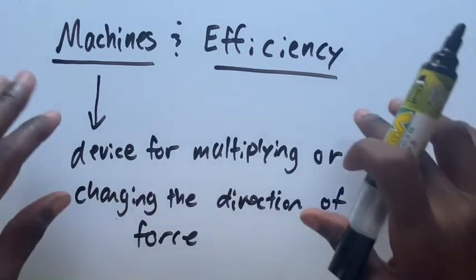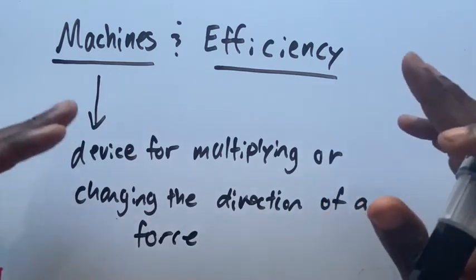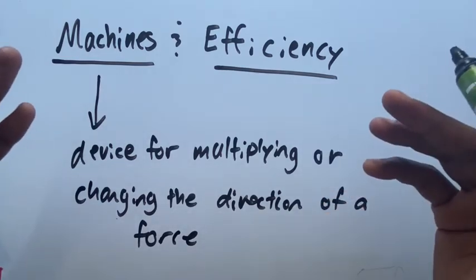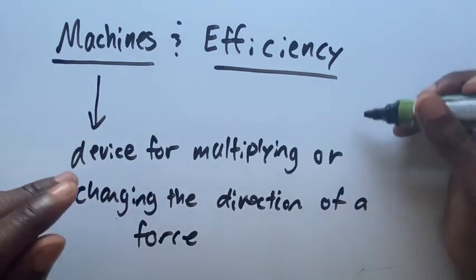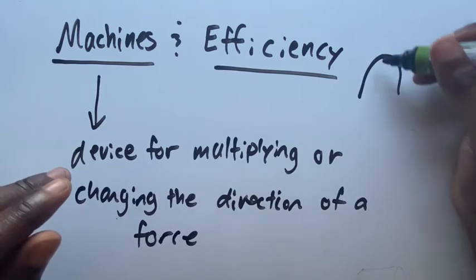So just to give you an example of a very simple or basic machine, it would be like a pulley or a lever. So this right here would be like a pulley.